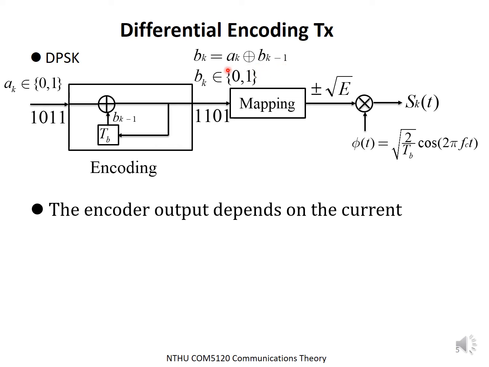So it's a linear modulation with 1-bit memory. It is required the current message and the previous symbol.